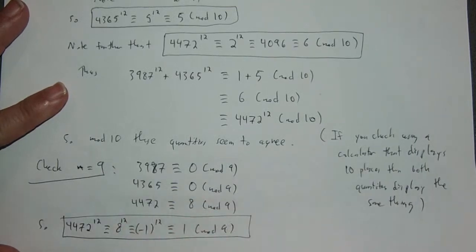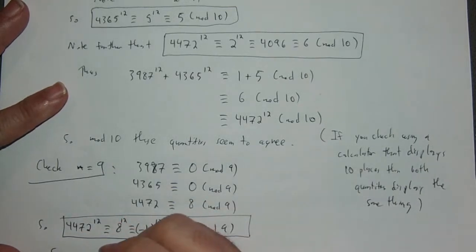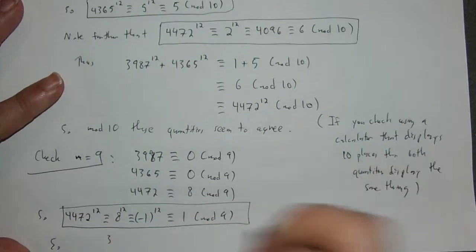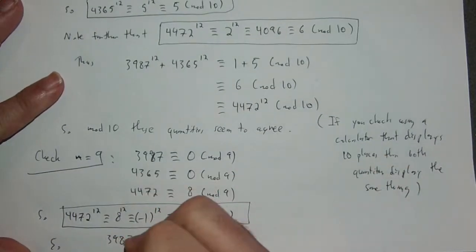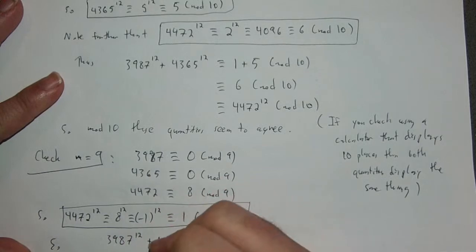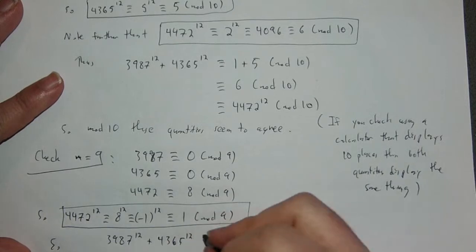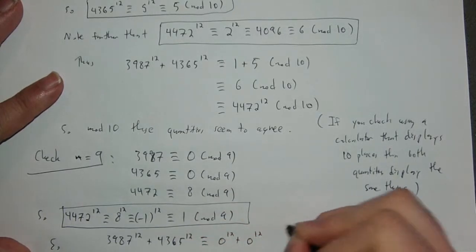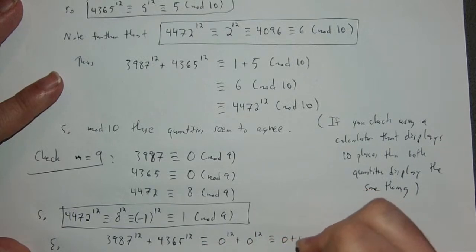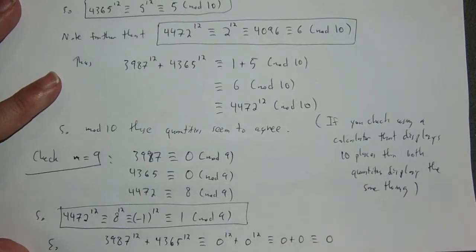But these are both 0, so 3,987 to the 12th plus 4,365 to the 12th. They're both congruent to 0 to the 12th plus 0 to the 12th. So that's 0 plus 0, which is 0.